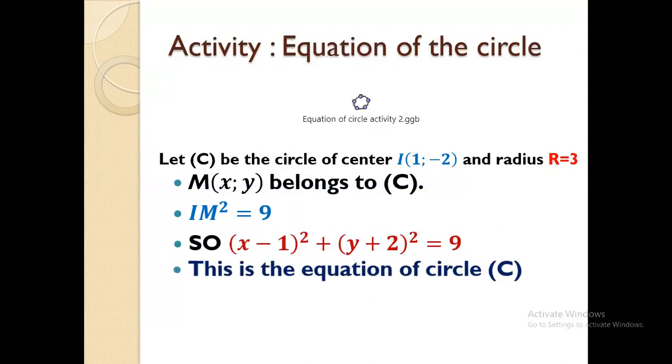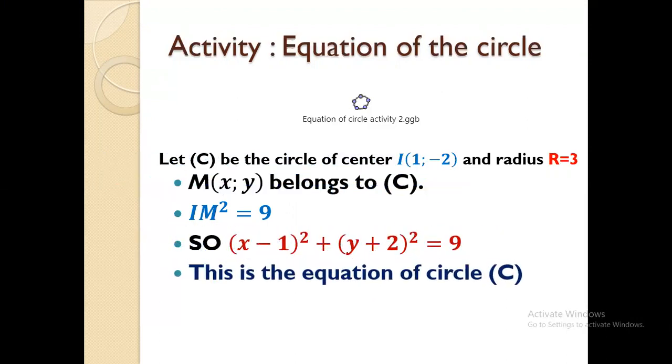So in general, this is called the equation of the circle C. It's a general relation between x and y. So if you want to tell if any point is on this circle or not, it's enough to plug in the coordinates of this point in this equation. You replace x by the x coordinate of that point, and you replace y by the y coordinate of that point.